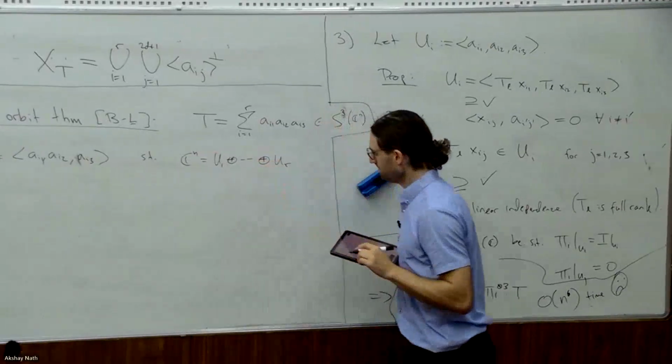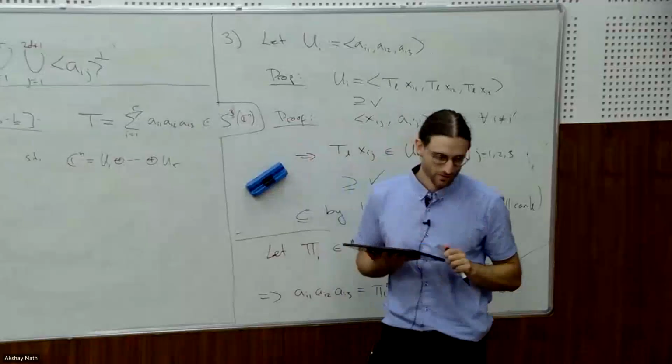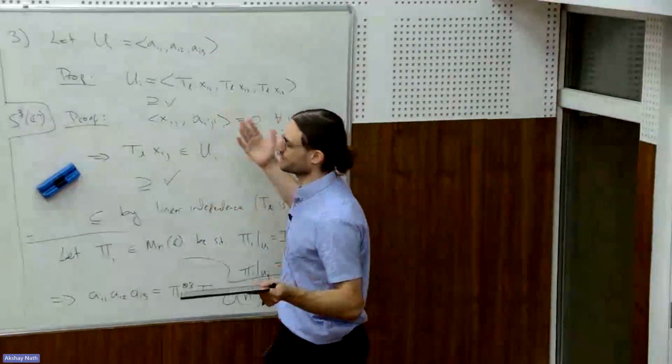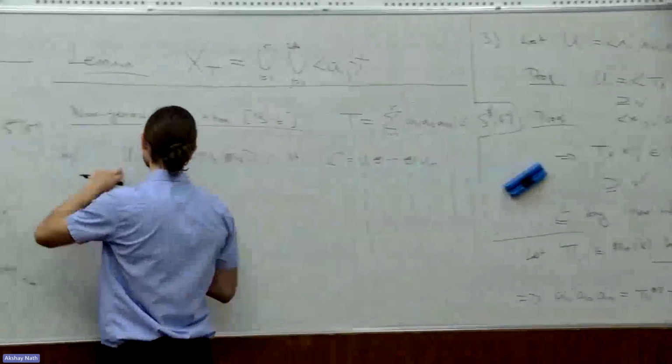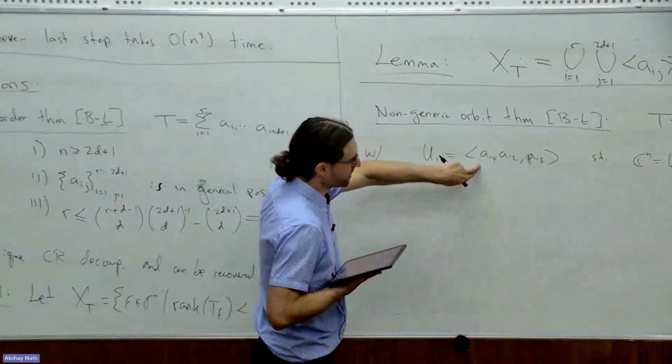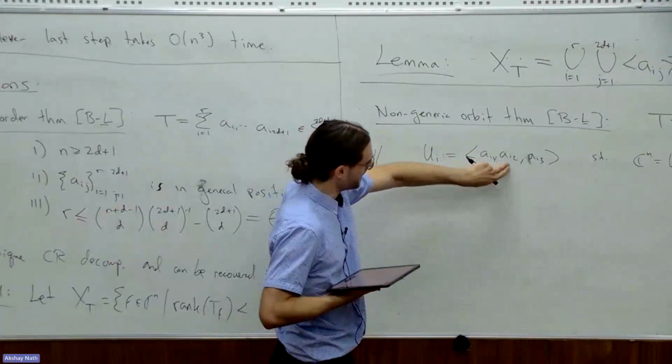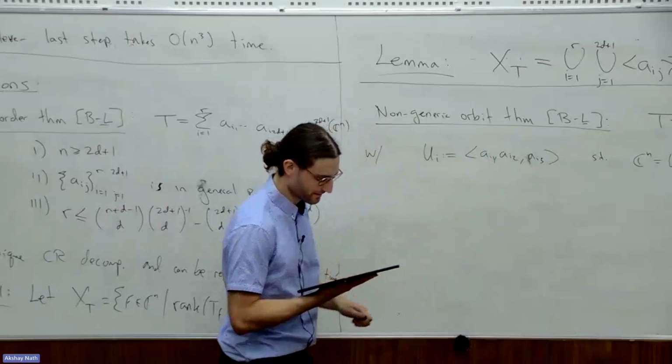In particular, if all the AIJs were linearly independent, this would be the case. But you could have some cases where these UIs were actually two-dimensional or one-dimensional, where the AIJs actually aren't linearly independent.